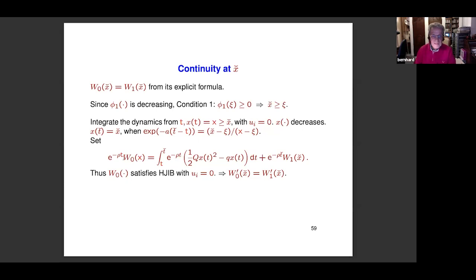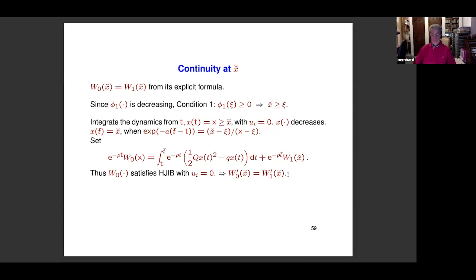But since W0 is defined by this integral, this implies that it satisfies the Hamilton-Jacobi-Isaacs-Bellman equation with u1 equals 0. And now, if you use the first form and not the second of the Hamilton-Jacobi-Isaacs-Bellman equation, you see that this implies that the derivatives of W0 and W1 coincide at x stretch.